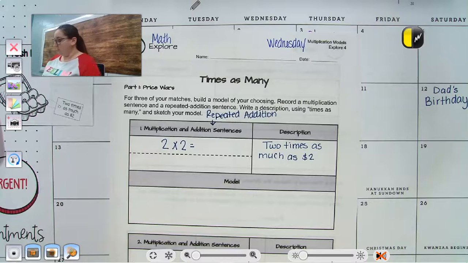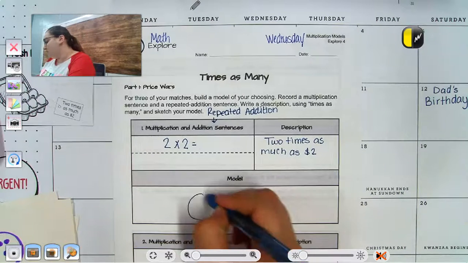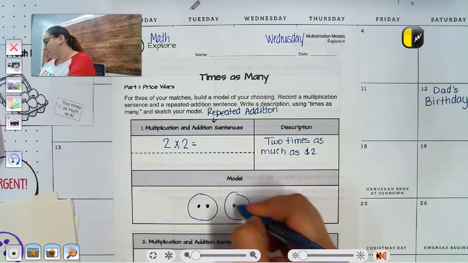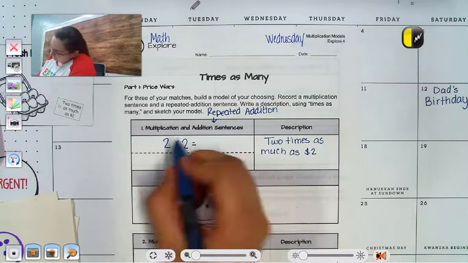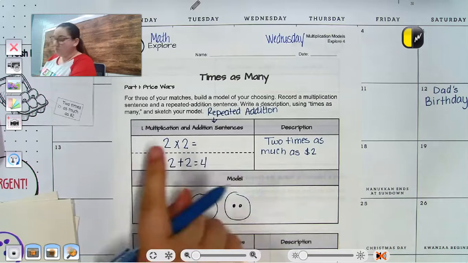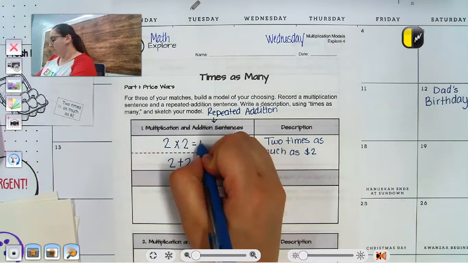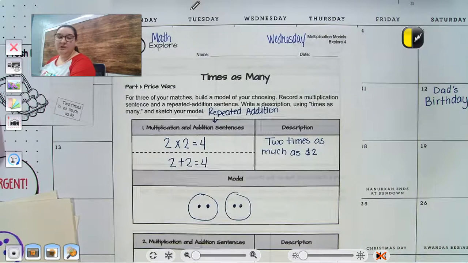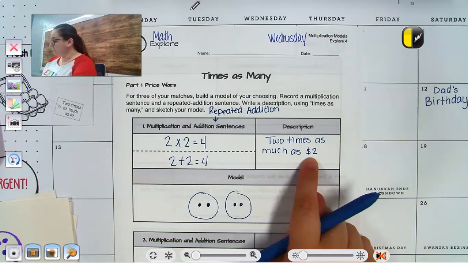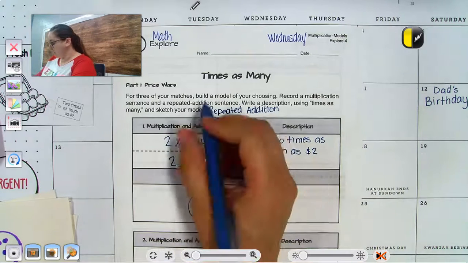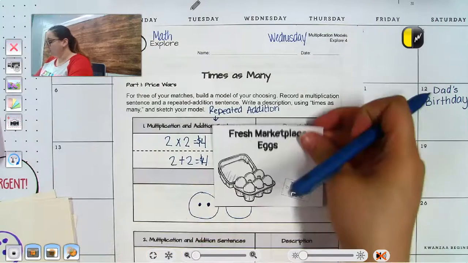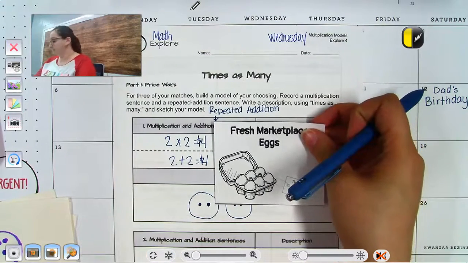I'm going to do equal groups, 2 groups with 2 in each. And my repeated addition would be 2 plus 2 equals 4. So 2 times 2 is 4. If I want to know 2 times as much as $2, that would be $4. So my eggs are going to cost me $4.